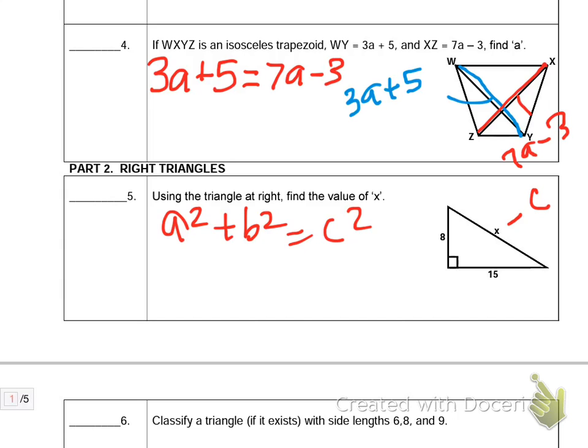A and B, it doesn't matter which one you make A or B: 18 or 15. On this one, remember to square root your answer. A lot of you get to C squared equals whatever number, and then you forget to square root it. So make sure you do that.